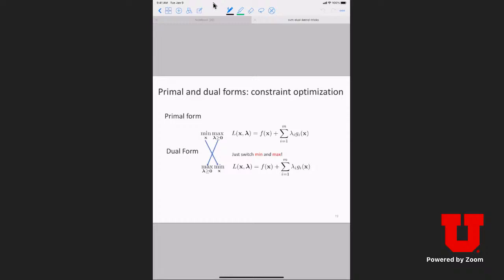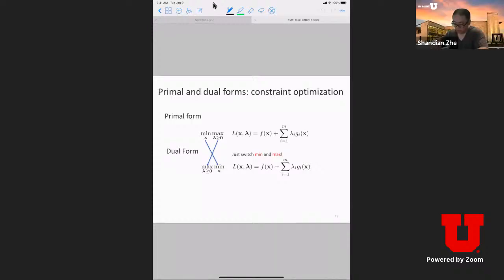Can you try advancing the slide just to make sure it isn't frozen or something? How about this? It hasn't changed. No. It's still showing primal and dual forms of constraint optimization. Nothing's changed on the slide.